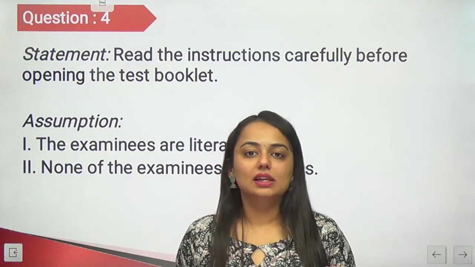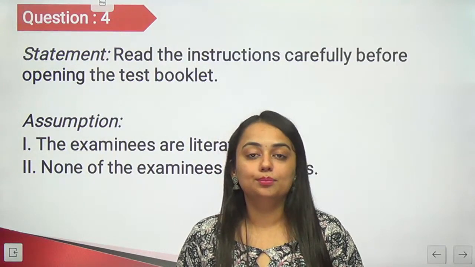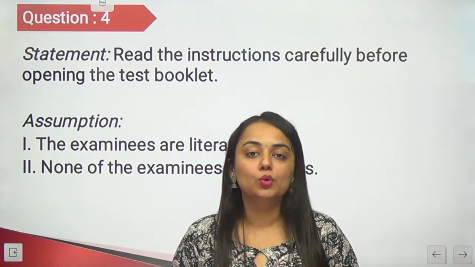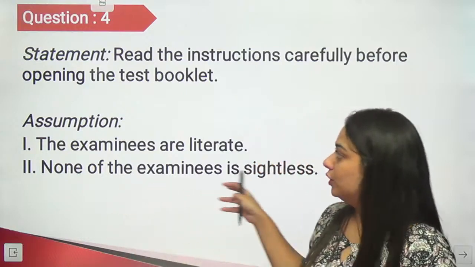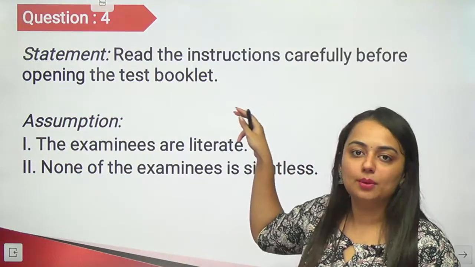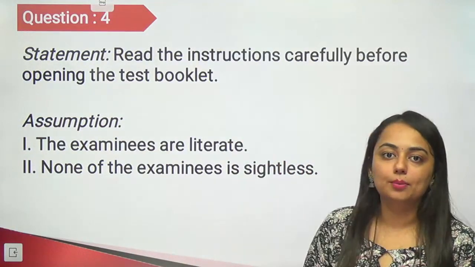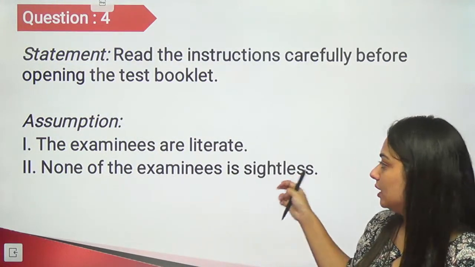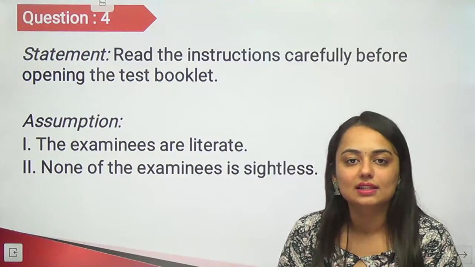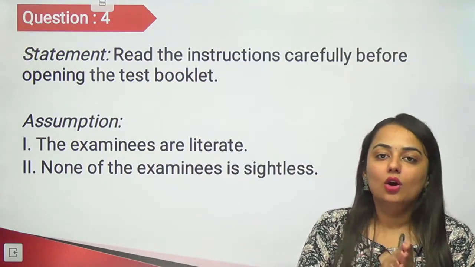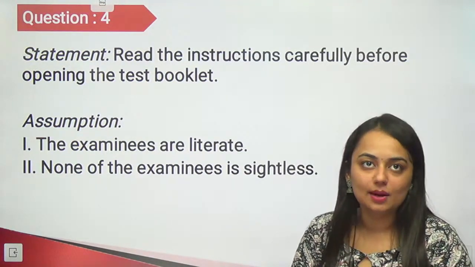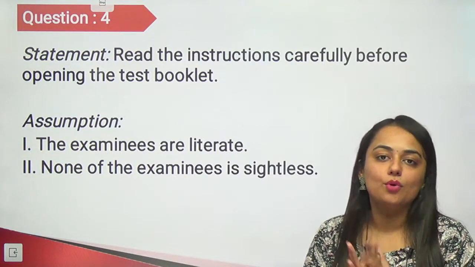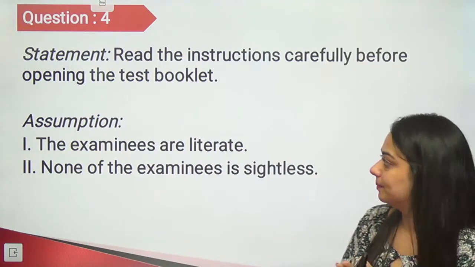So unless there are other provisions for blind people or people who are sightless, all of the people who are attempting this paper, on which certain instructions have been typed, obviously are not sightless. They can see the instructions, only then will they be able to give the exam, right? So yes, both the assumptions are implied.